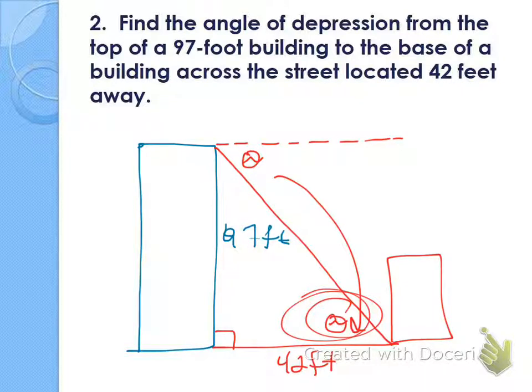Knowing that our opposite is 97 and our adjacent is 42, we don't know the angle, which means we have to use inverse tangent, and it's got to be 97 over 42. Right? And so you type that in, and you should get an angle of depression of about 66.6 degrees. Okay? All right.